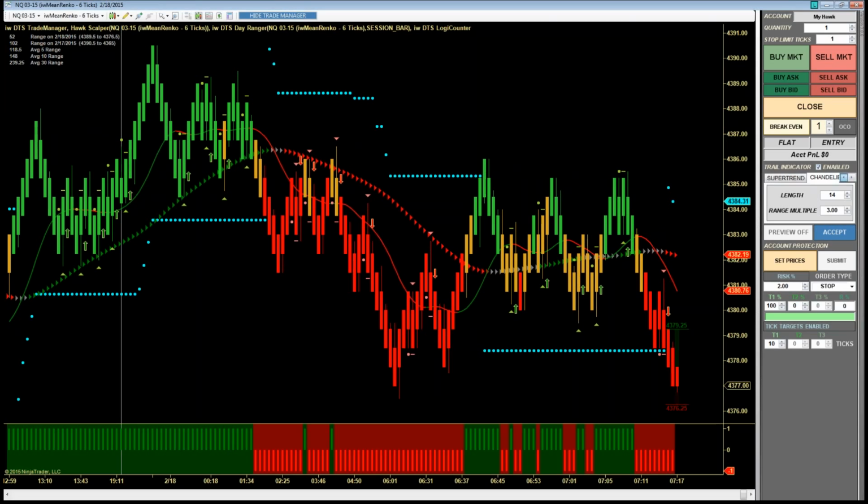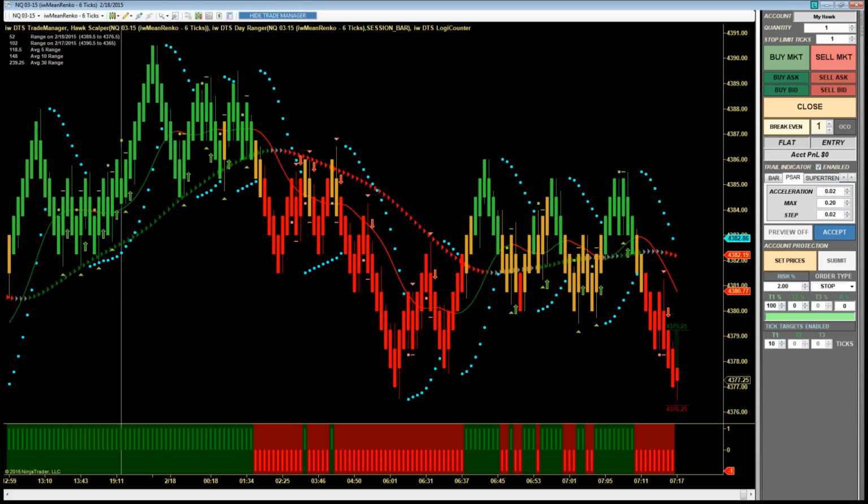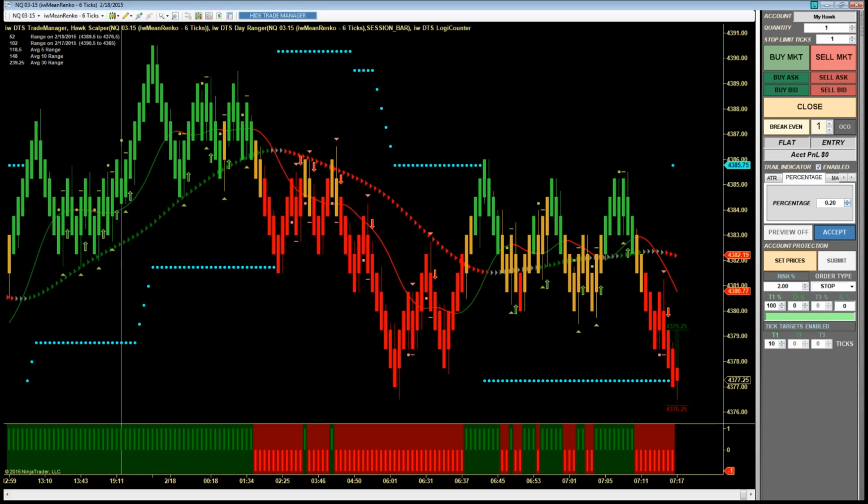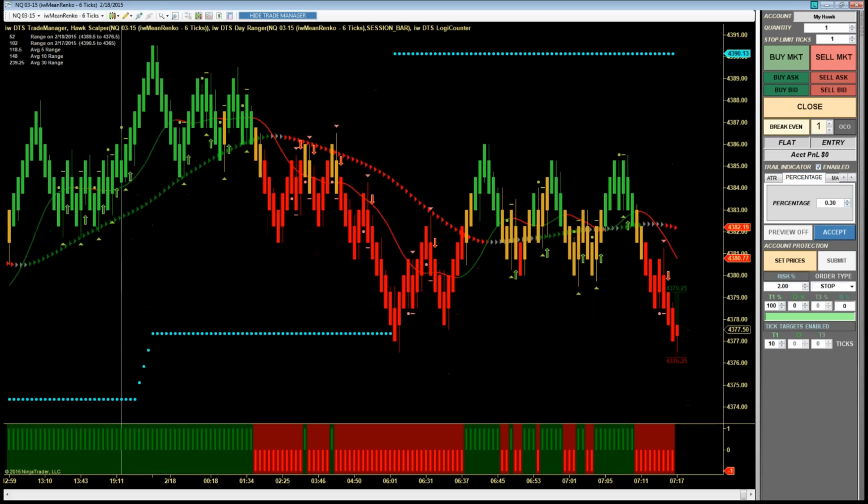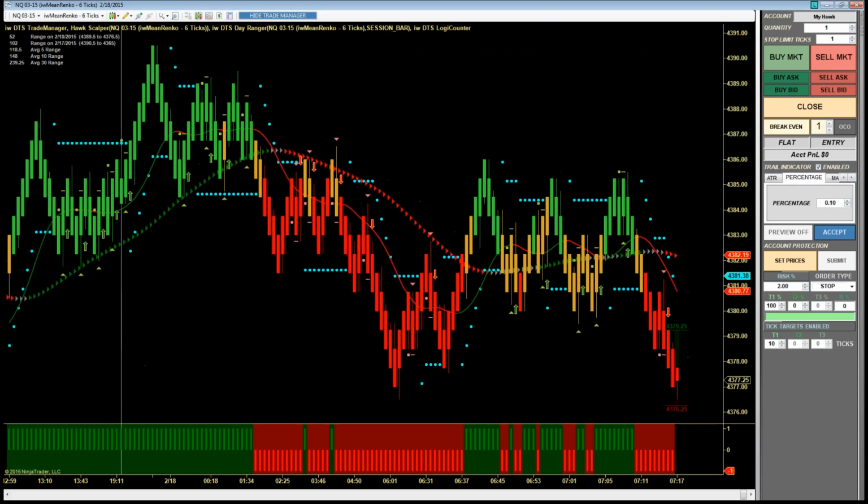The Trade Manager here has 16 different stop strategies for you to choose from. These blue dots here represent where your stops would be as Trade Manager would manage your trade. And you can see we have 16 different systems here to choose from.